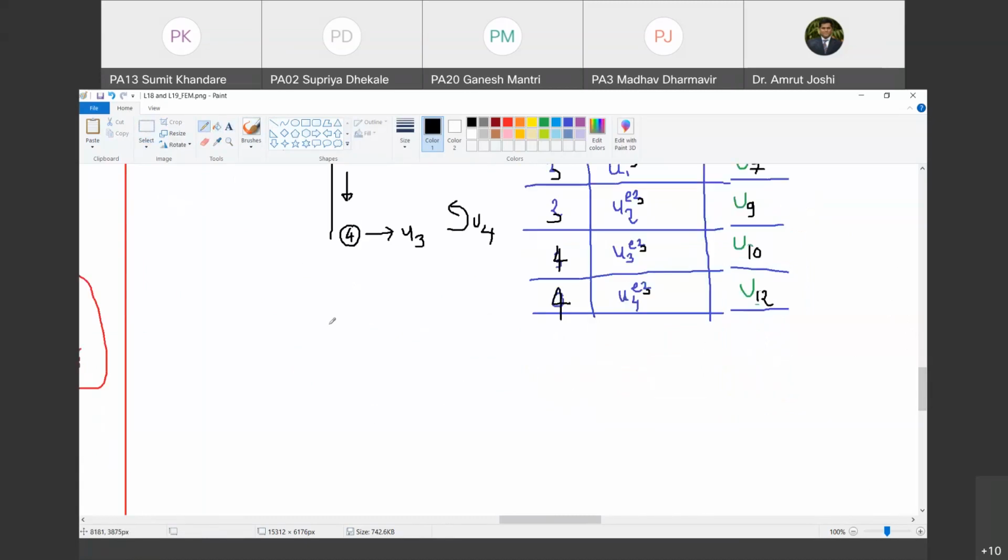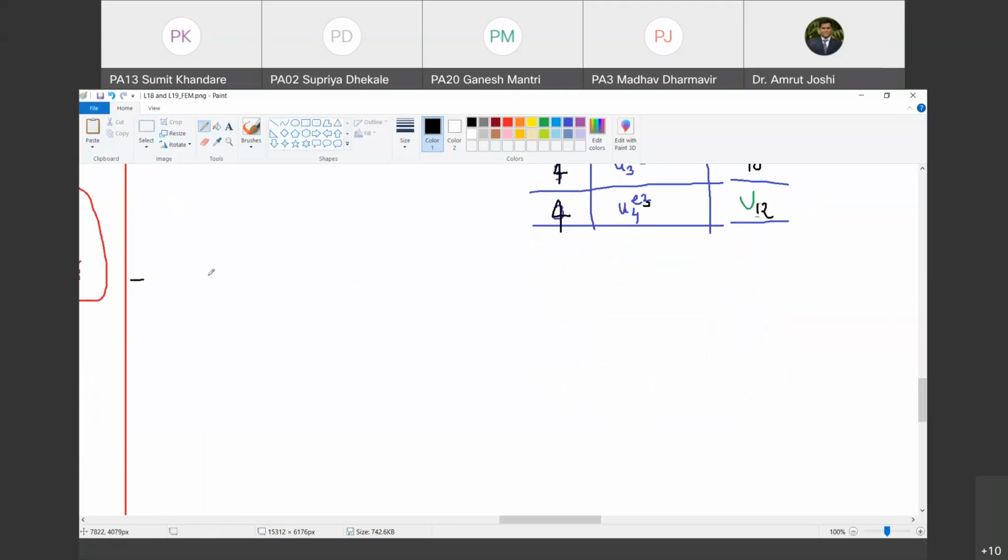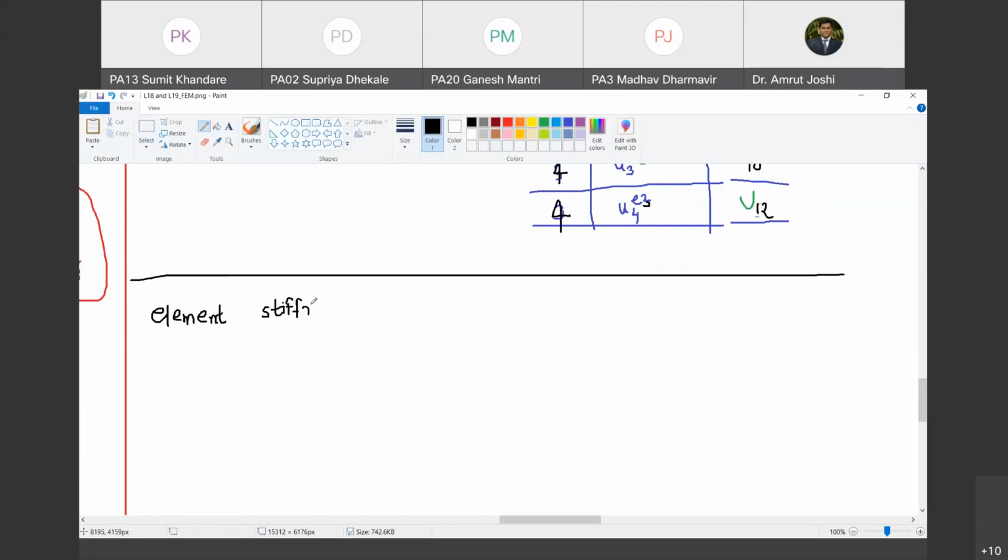Yes, sir. Okay, now we are going to develop something called the element stiffness matrix. Are you with me? Yes, sir. Element stiffness matrix.